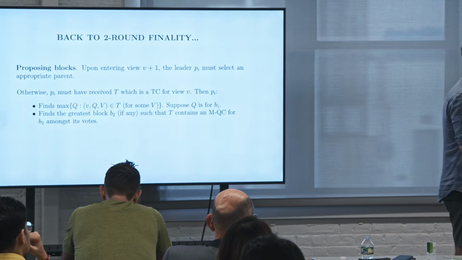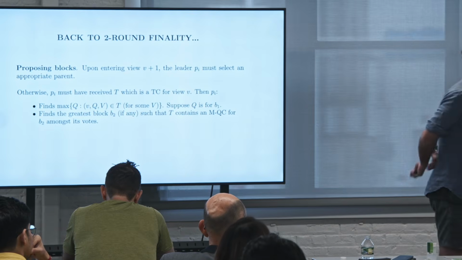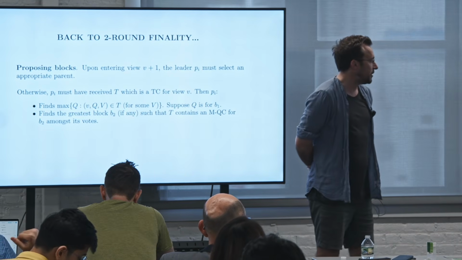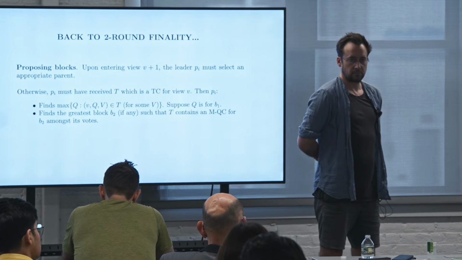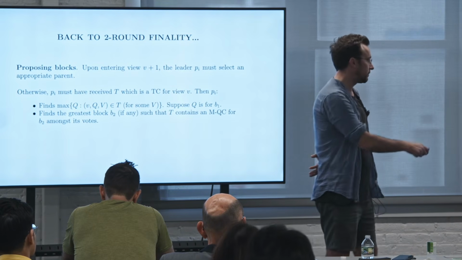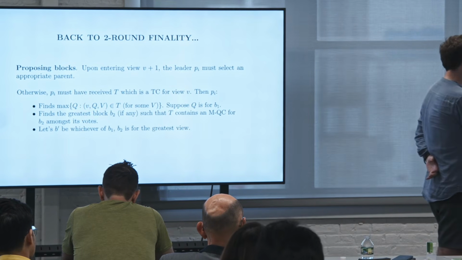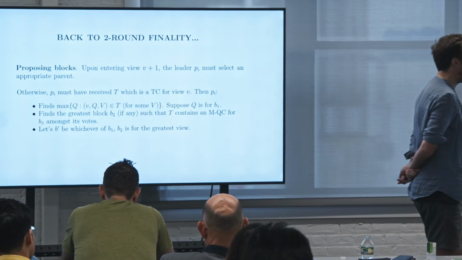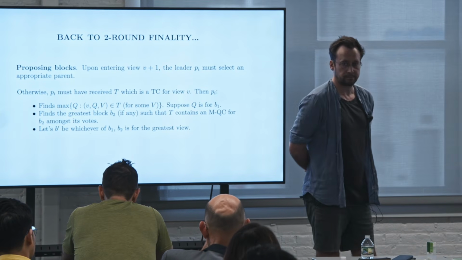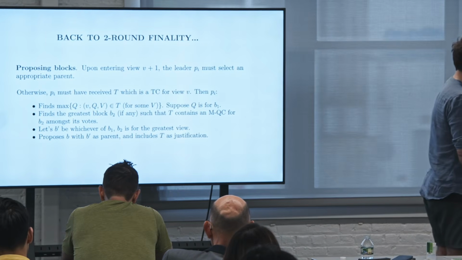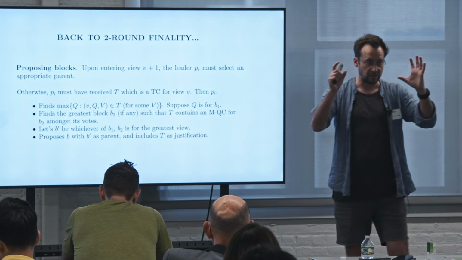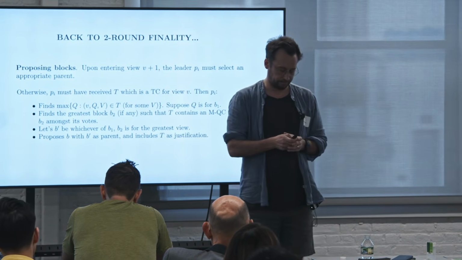Now it does an extra thing: it finds the greatest block B2, if any, such that T contains an MQC for B2 amongst its votes. An extra condition. Then let B' be whichever of B1 and B2 is for the greatest view, and we use that as the parent. Then you propose B with B' as parent, and you include T as the justification.